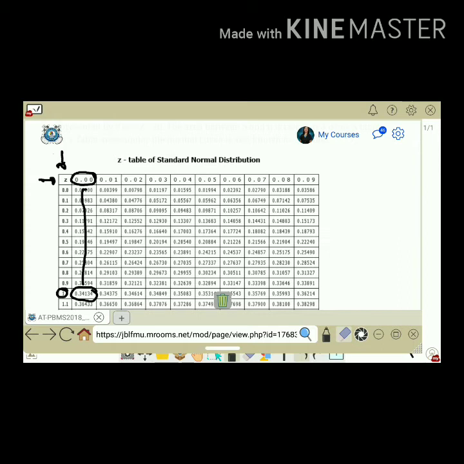Okay, another example. How about if z is equal to negative 1.5? Again, class, we will use the same table here because the reference for these values is your mean, which is equal to 0.